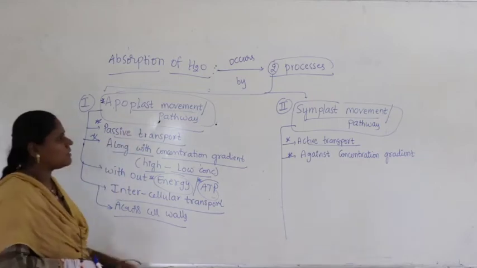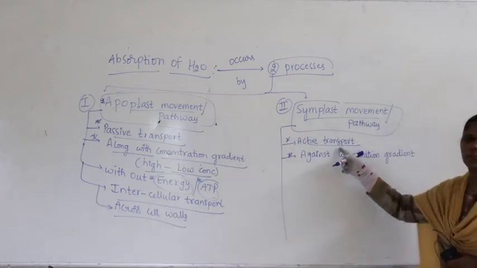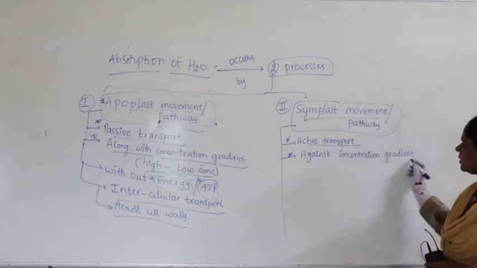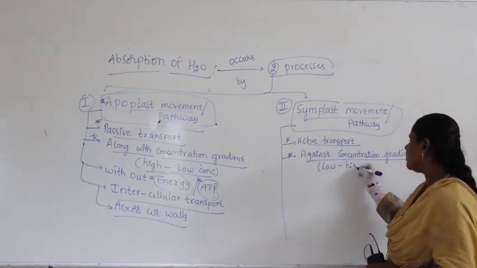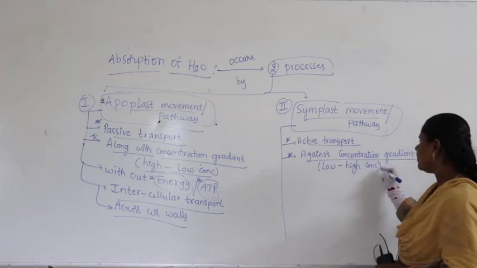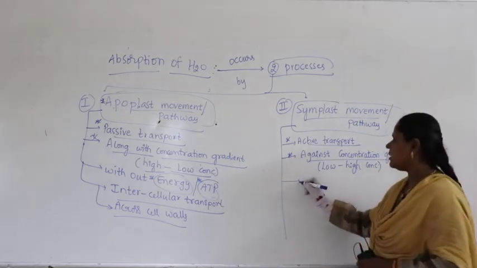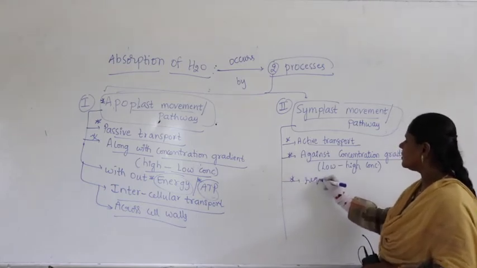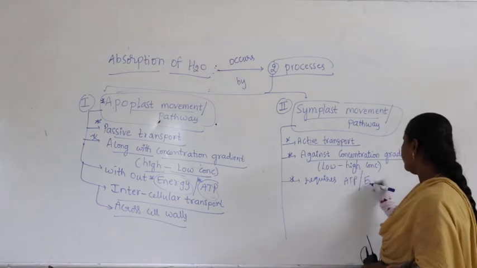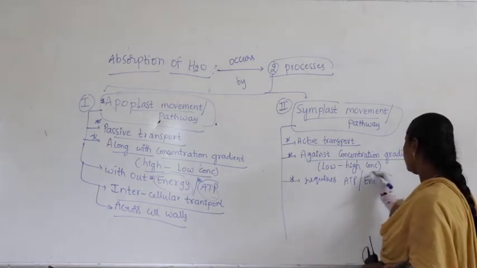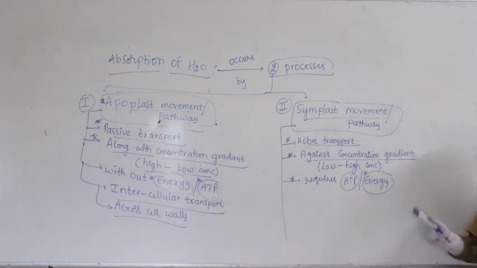When you take symplast, this is active transport, against the concentration gradient, which means from low concentration to high concentration. When it has to move from low to high, it requires ATP or energy.